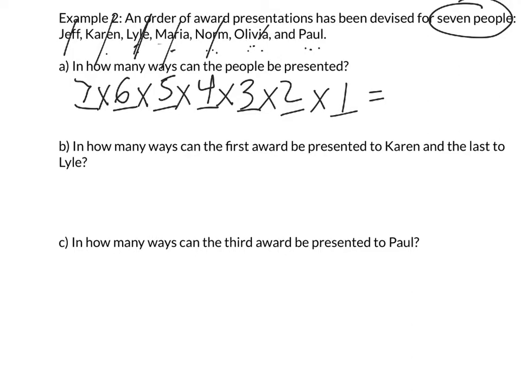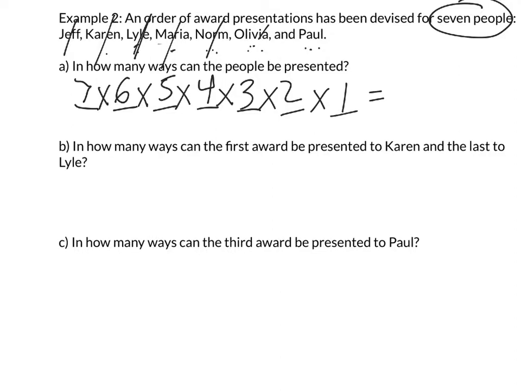So you could treat it just like we were treating the other counting principle questions in the last video. Or whenever it says how many, so it's a counting question and you're rearranging all the items or all the people in a row, the quicker way is to use a factorial like we were doing on the last slide.